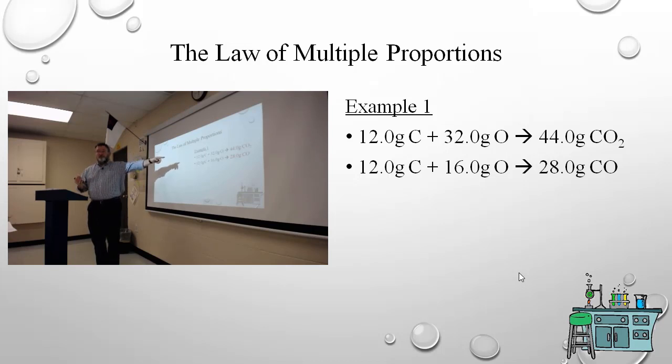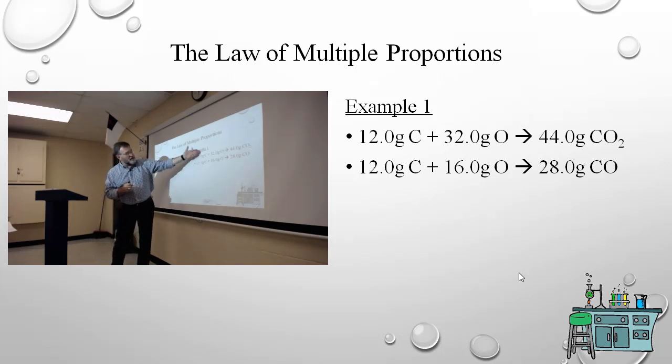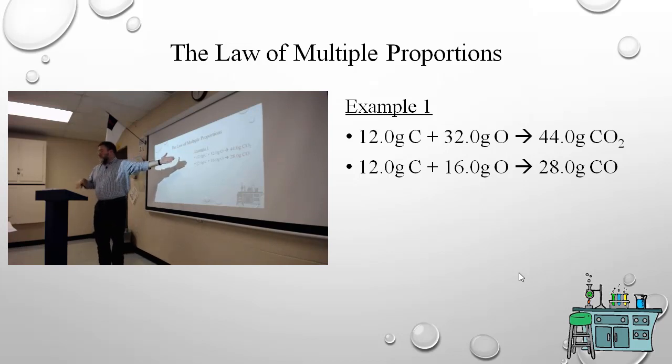The law of multiple proportions says if you take the same elements and create different molecules, and if one of those is kept constant, in this case carbon, the first one, the way the definition is written in the book, then the ratio of the second ones is going to be a whole number ratio.